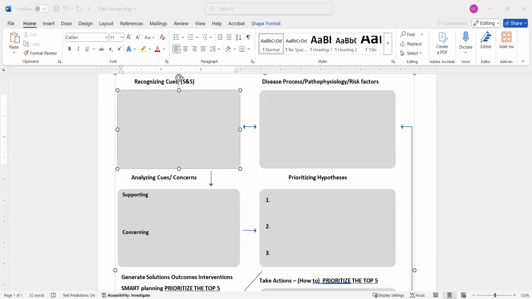So, what I plan to do today, you see on your screen, is the clinical judgment model that you're probably familiar with from clinical. Today, I want to show you just a short example of how you can use this tool to help you study for the upcoming exam.